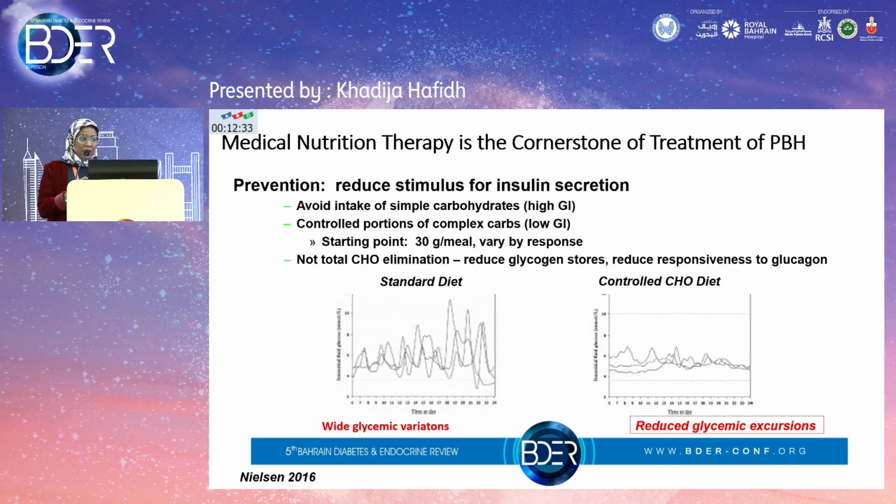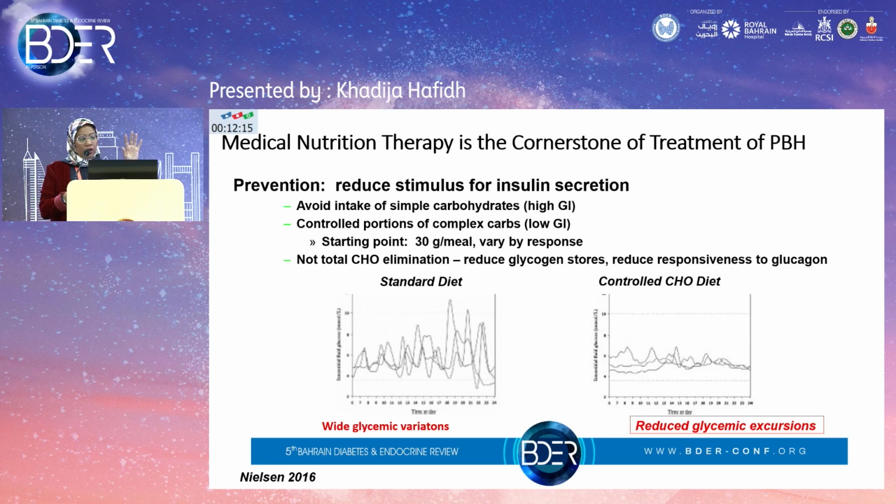So medical nutrition therapy, as I've said, is really the mainstay. Patients need to be taught how to eat again. So they've got to avoid the simple carbs, mixed meals are better, and they should use carbs with a low glycemic index.